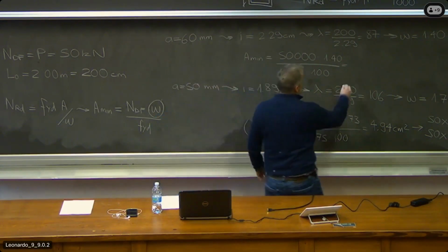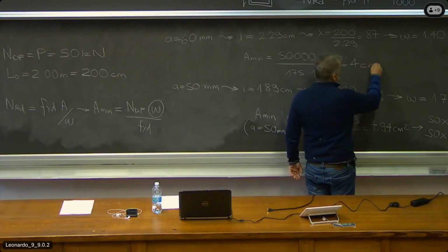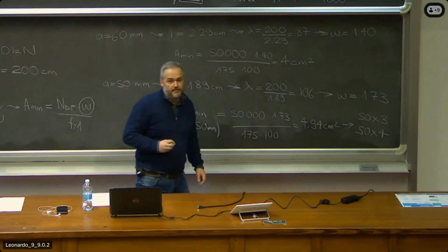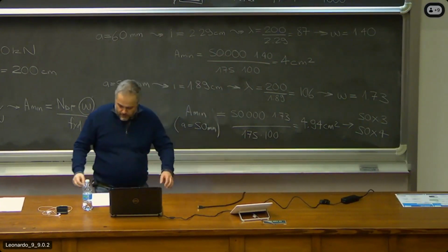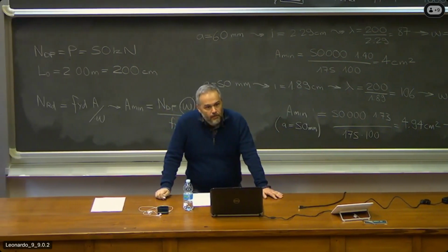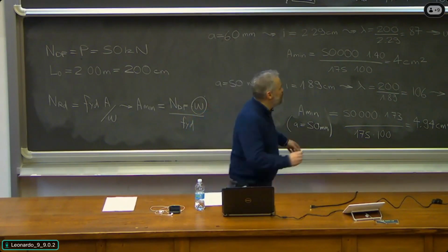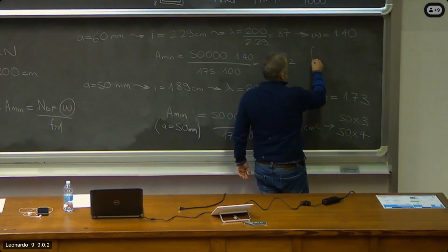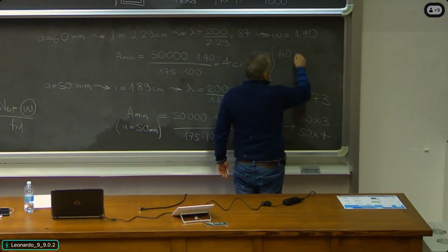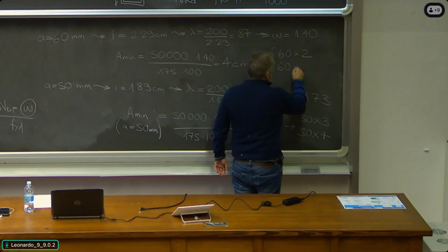Guess what? 4 square centimeters. What profiles do fulfill this requirement in the group with A equal to 60? All of them. Which means I have 60 times 2, 60 times 3, and 60 times 4.